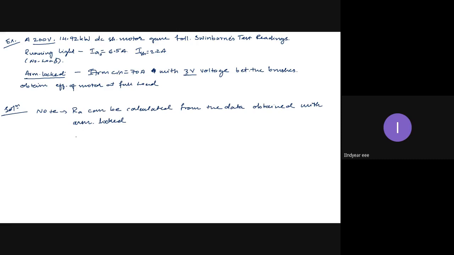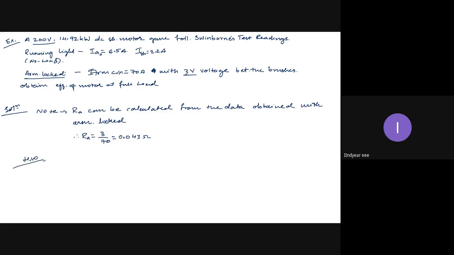Therefore, RA is equal to 3 divided by 70. It is 0.42857. We will take 0.43 ohms. Rest all things are the same. You calculate, take this as one.